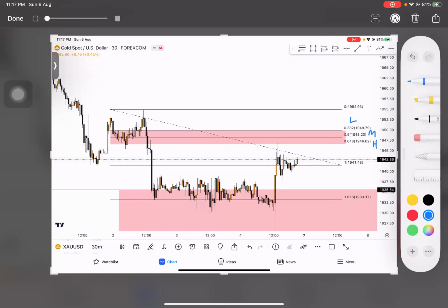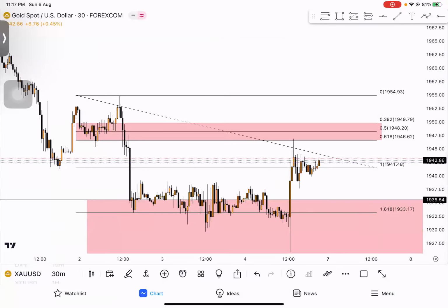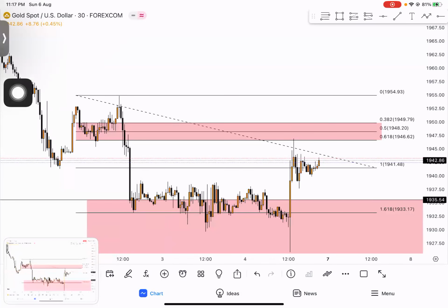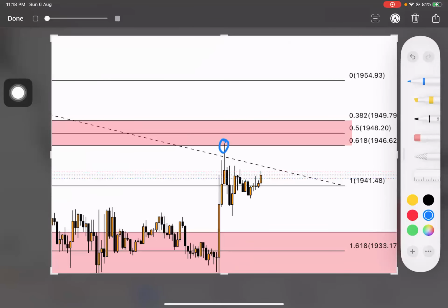But for me, I don't usually use pending orders like this. I will wait for the price action. For example, usually it comes to the first level, rejects the first time, and then when it comes a second time, it will touch the second line, which is the medium risk level.